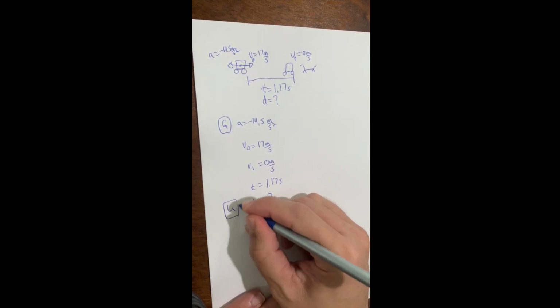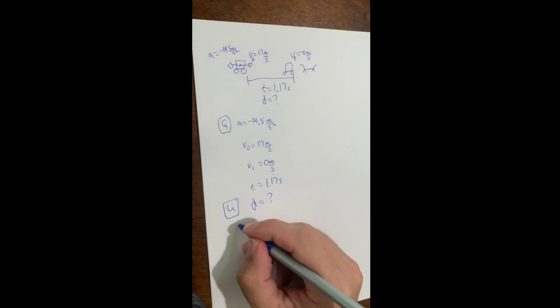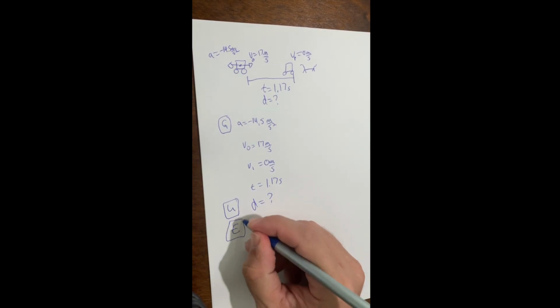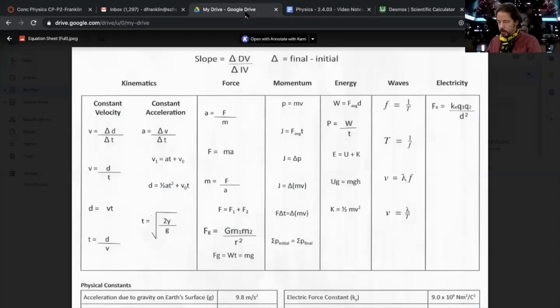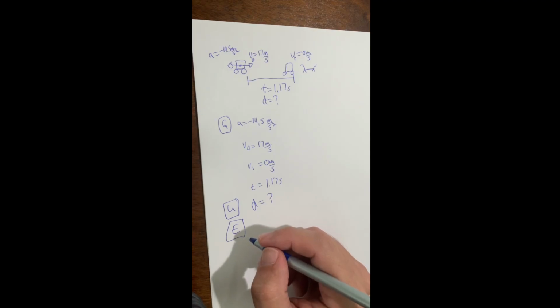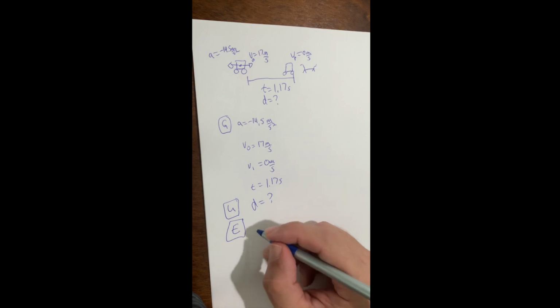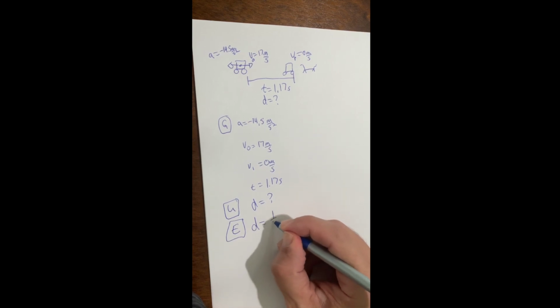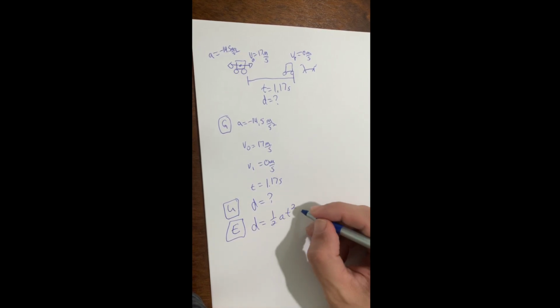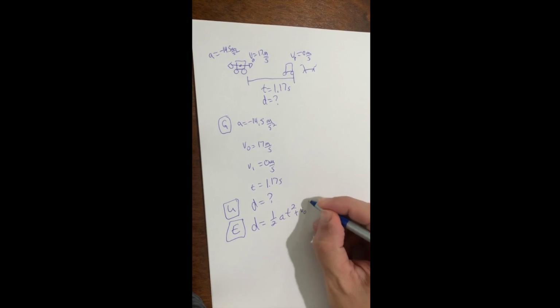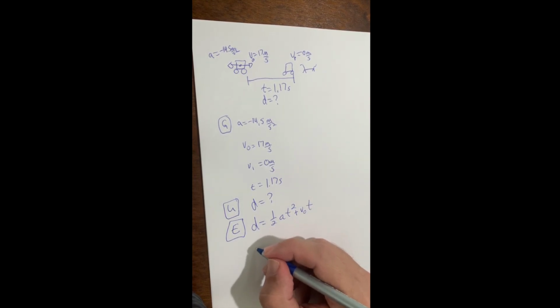That's my unknown. My equation, going to my equation sheet, is distance equals 1/2 A T squared plus V naught times time. Now I'm going to substitute.